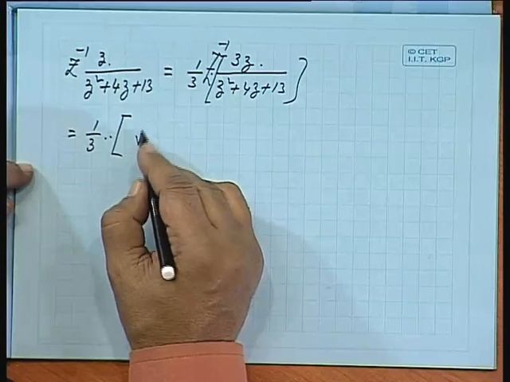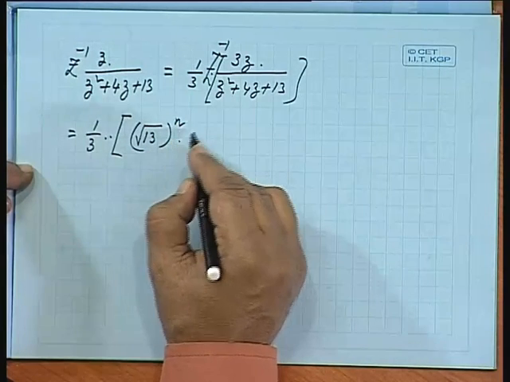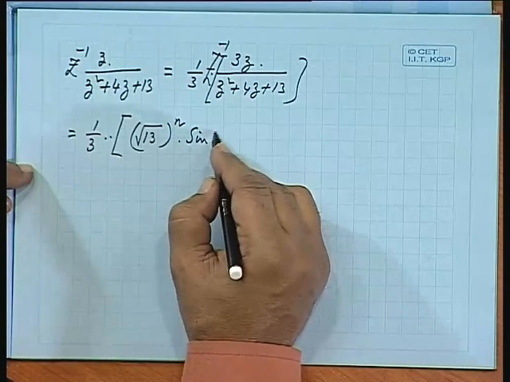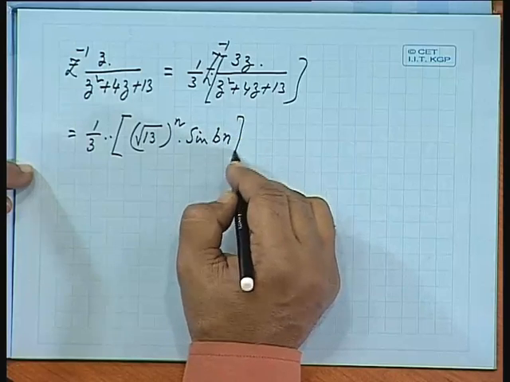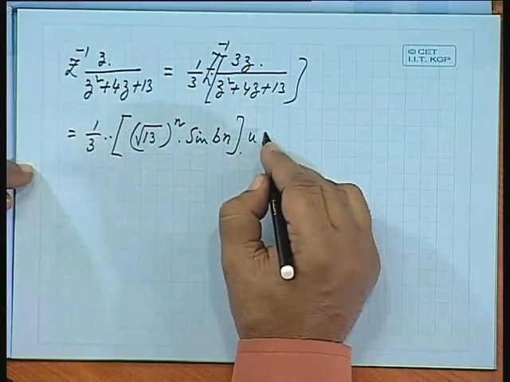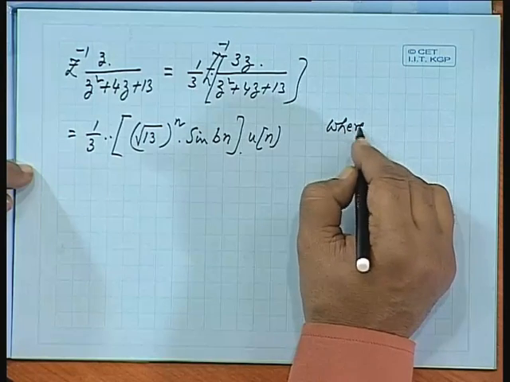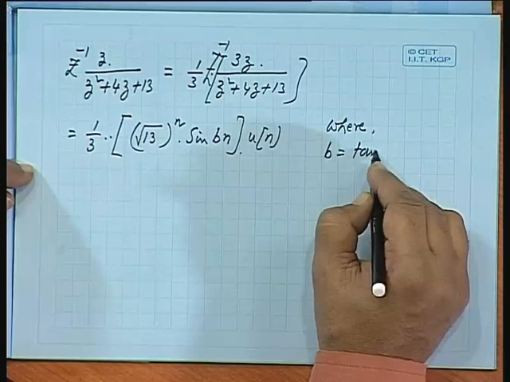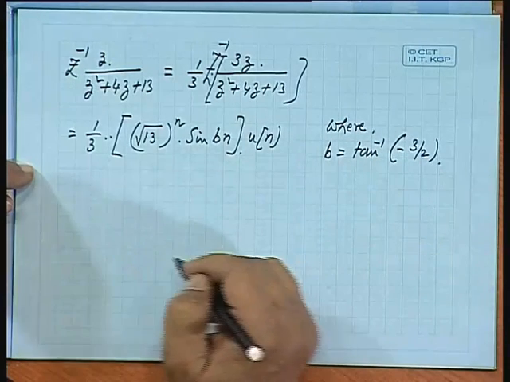So, root 13 to the power n, and sin bn, into of course u n, where b is equal to tan inverse minus 3 by 2. Is it okay?